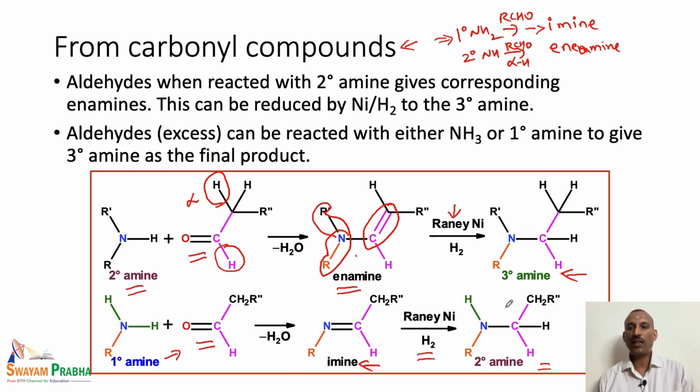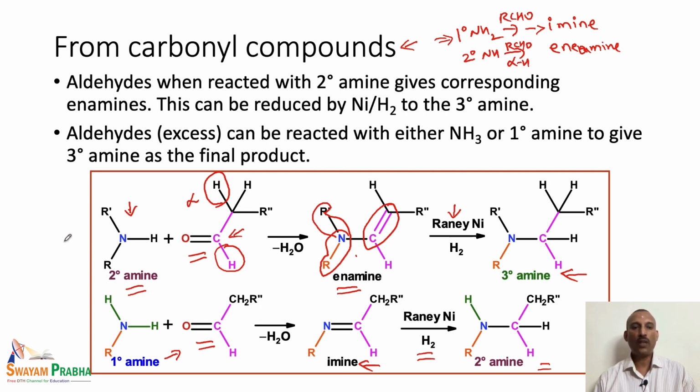So, this secondary amine now becomes the starting material for our next set of reaction. This secondary amine can react with one more equivalent of the corresponding carbonyl compound which is having the alpha hydrogen. So, we end up with the enamine, and the reduction of that enamine using Raney nickel and hydrogen will produce the tertiary amine.